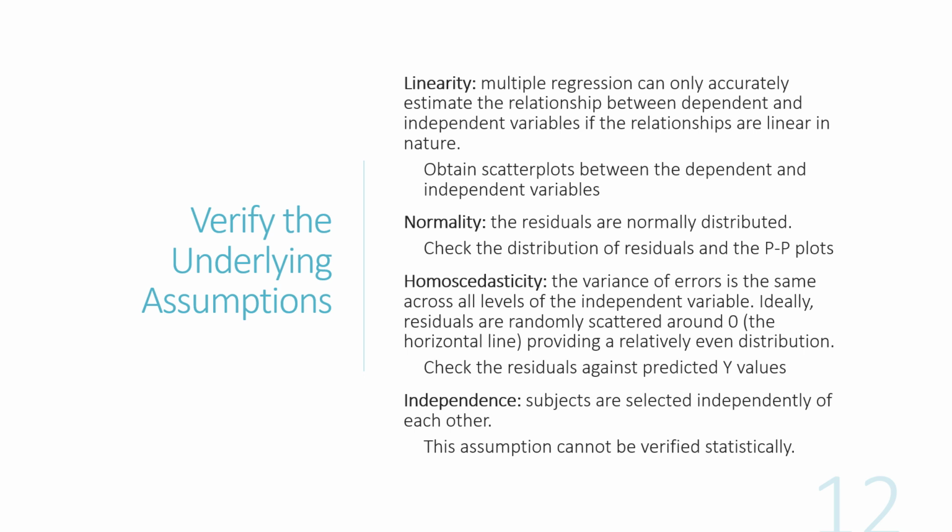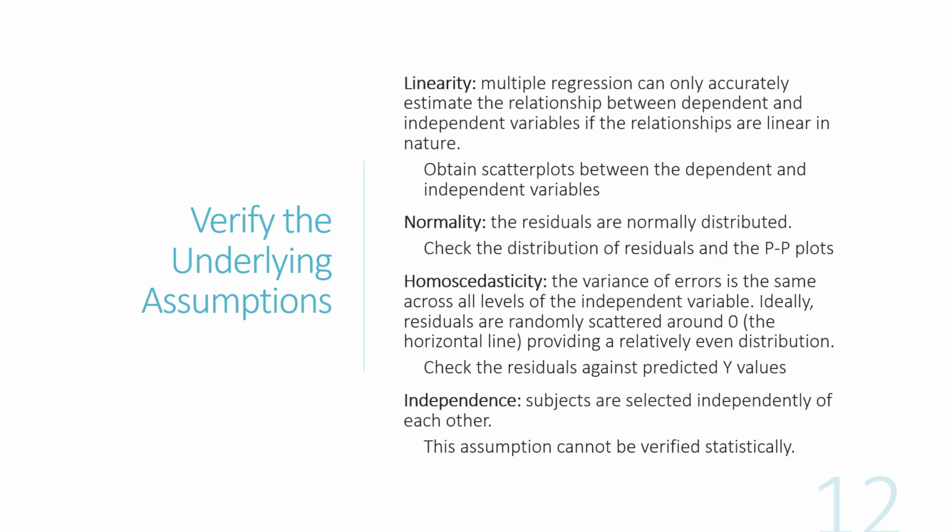If an independent variable is dichotomous, a scatter plot would not be appropriate. Normality can be assessed by examining the distribution of residuals or using a PP plot. If residuals follow a normal distribution, it supports the assumption of normality.